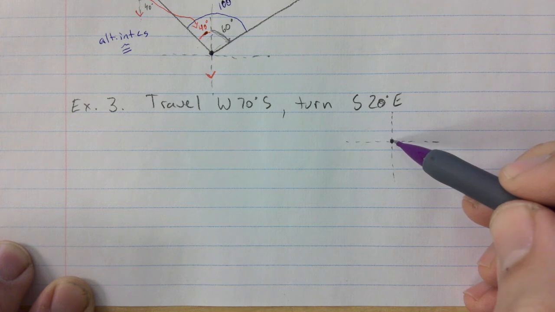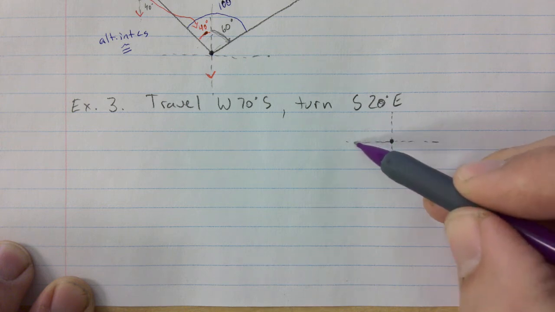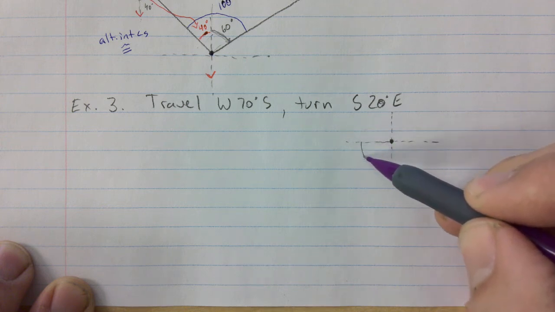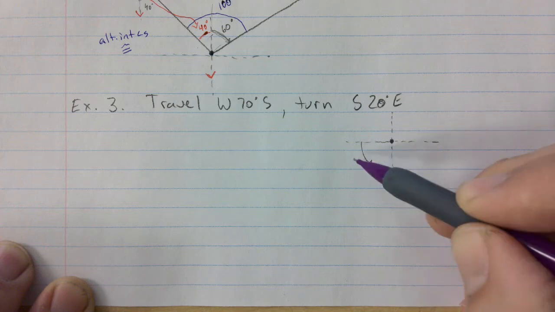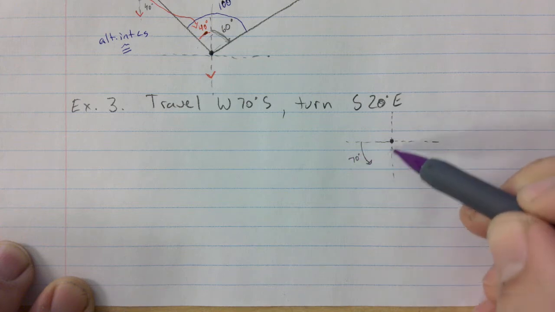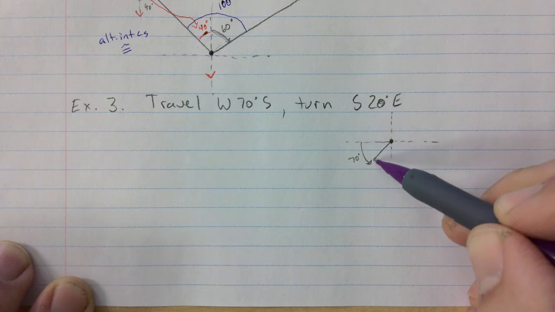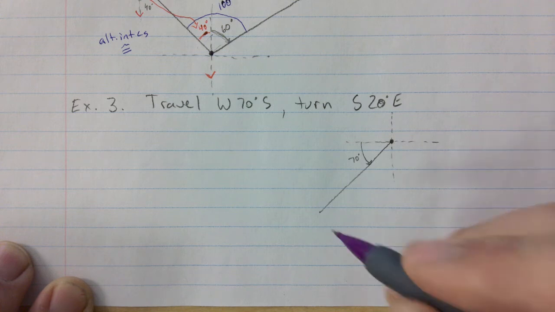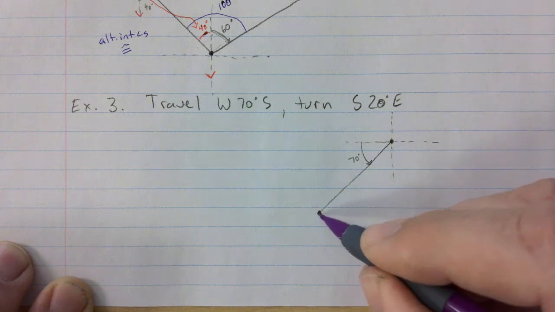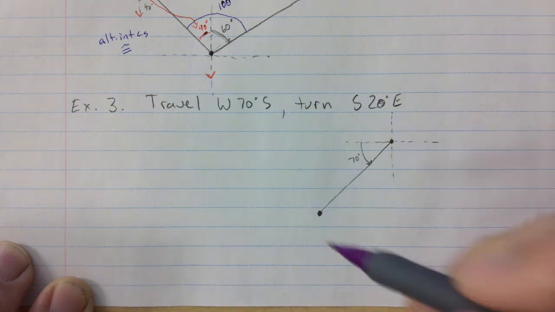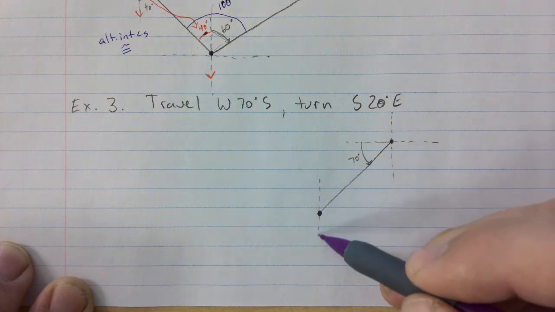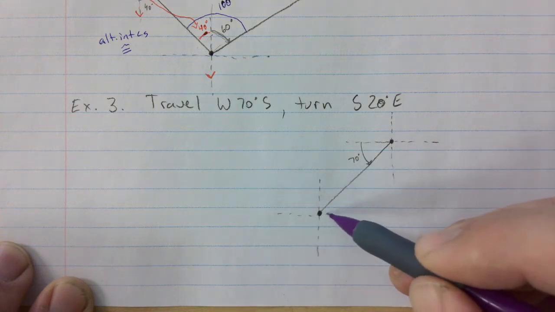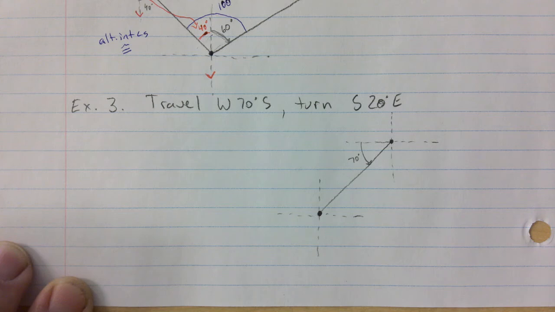So you're going to go west, so that's your starting point, and from there you turn 70 degrees, and you draw your line going with that angle, right? And then you turn. So at this point, you make a point there, and there's your compass again.